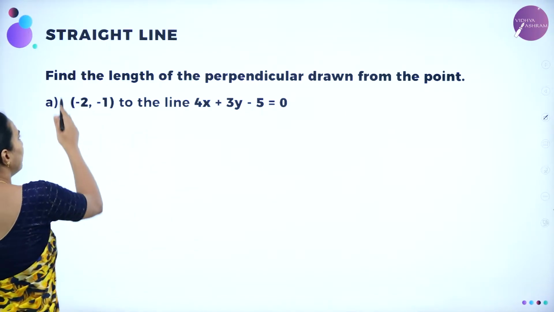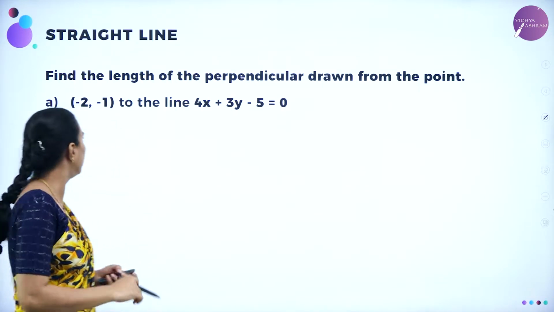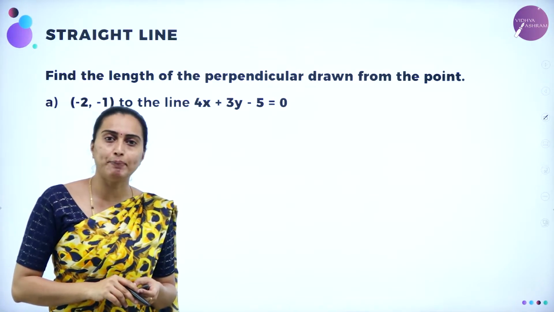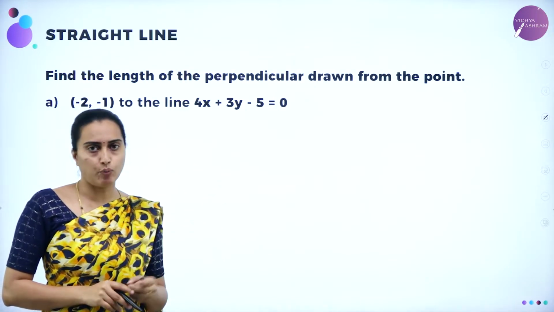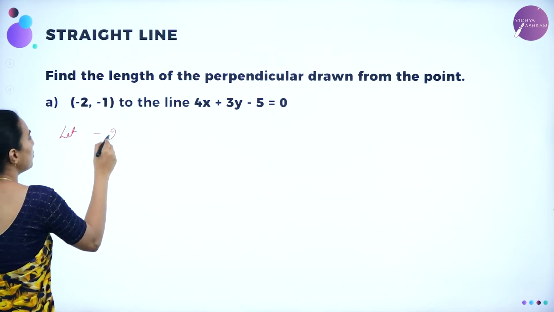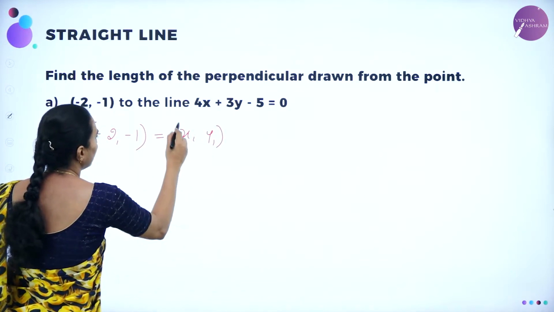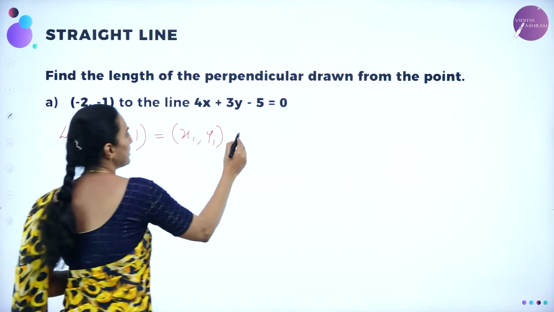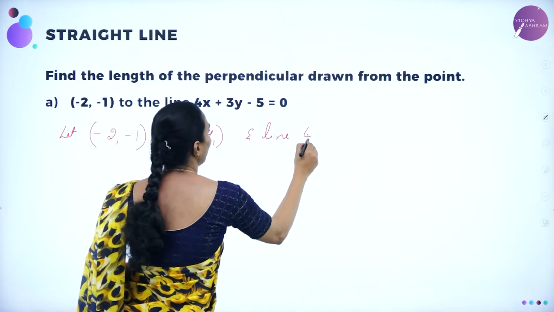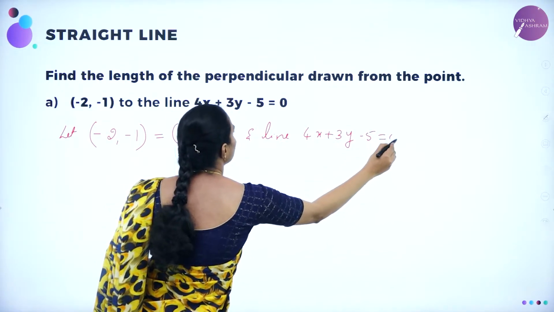Here they have given: find the length of a perpendicular drawn from the point minus 2, minus 1 to the line 4x plus 3y minus 5 equal to 0. So let minus 2, minus 1 be the point x1, y1, and the line is given as 4x plus 3y minus 5 equal to 0.